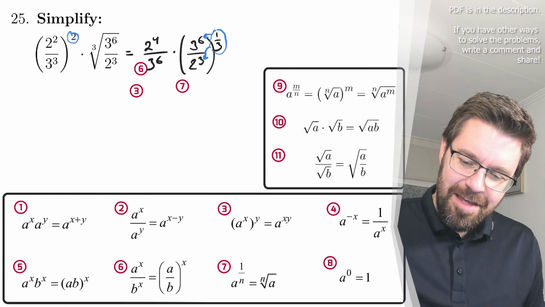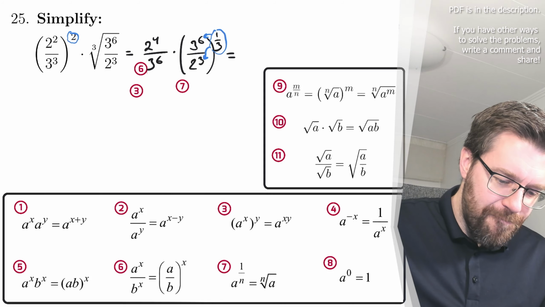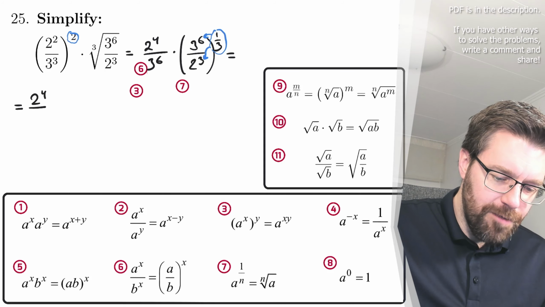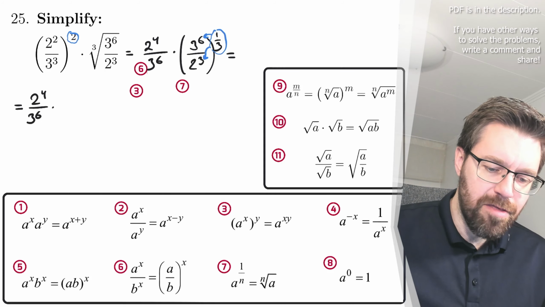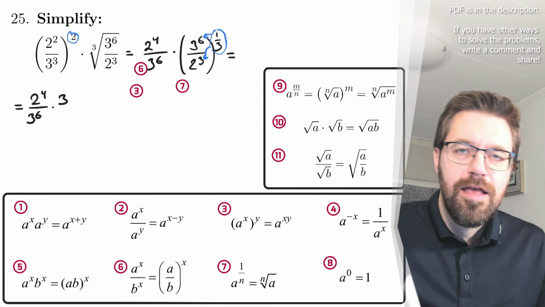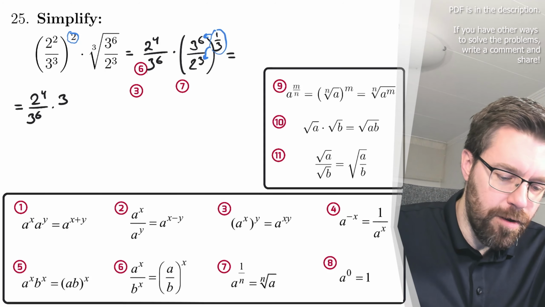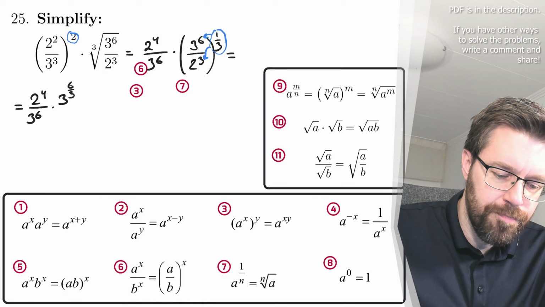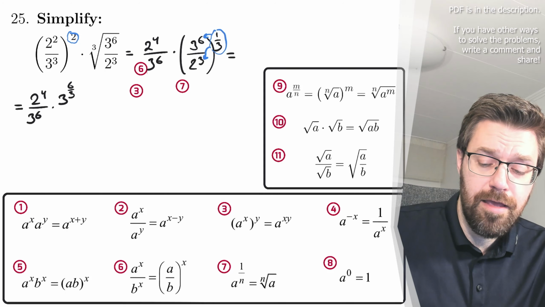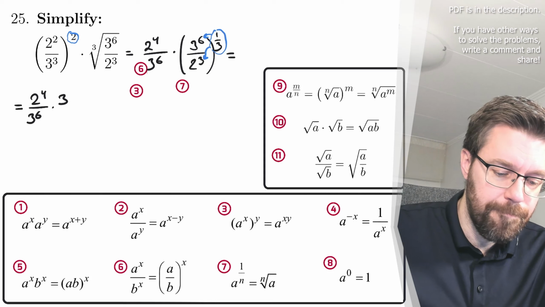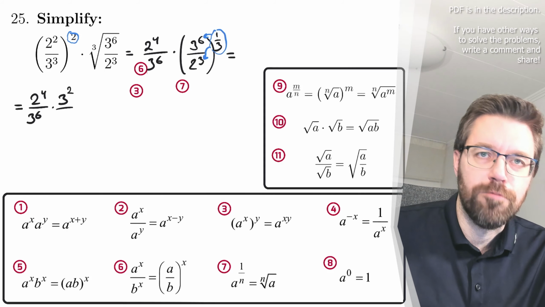So we will have as follows: 2 raised by 4 divided by 3 raised by 6 times 3 raised by 6 times 1/3. And 6 times 1/3 equals 6/3. And it equals 2, I think. This is what we get.